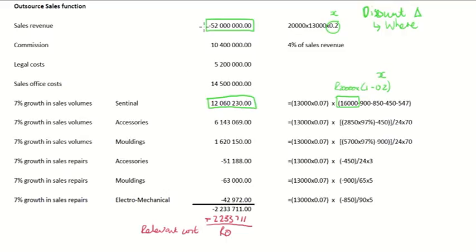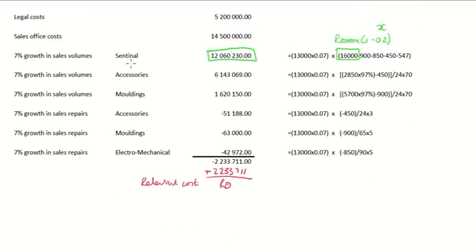So let's go down there. We see 52 million is equal to that. So we say, minus, because it's a minus in the analysis, minus 52 million plus 12 million plus the increase that we need, 2.2 million, is equal to the workings that we have on this side.